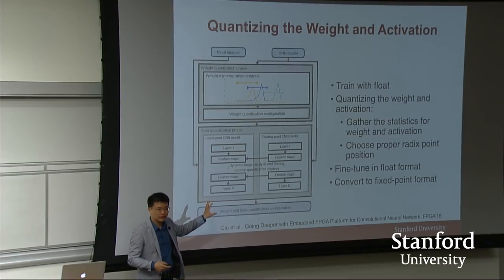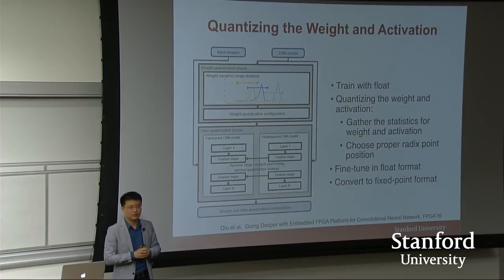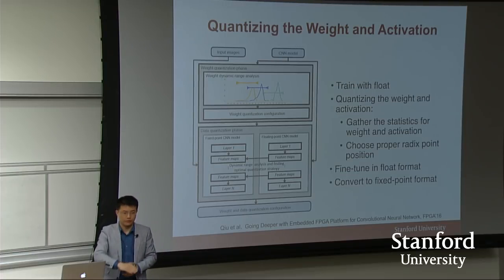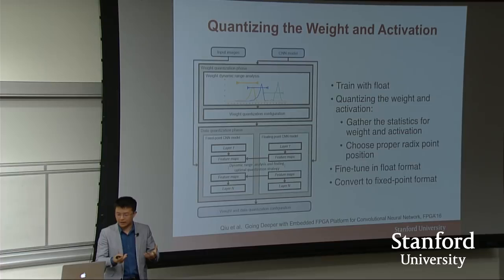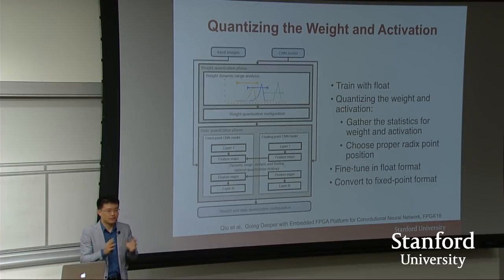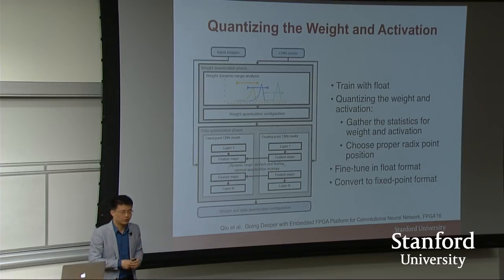This is a complicated figure, but the intuition is very simple. You run the neural network and train it with normal floating point numbers, and quantize the weights and activations by gathering statistics for each layer. For example, what is the maximum number, and how many bits are enough to represent this dynamic range.